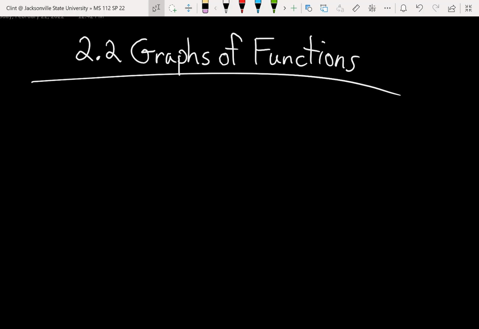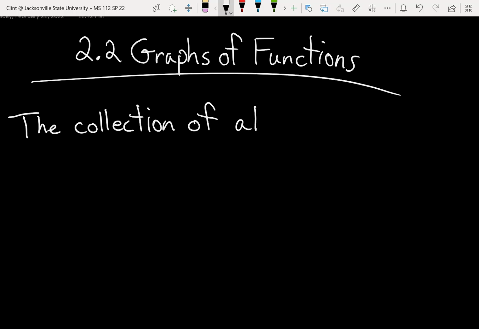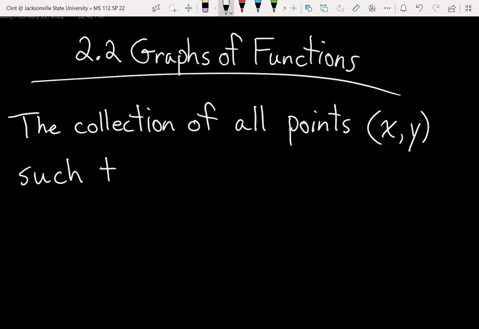So first of all, we'll have a little definition here. Here we're thinking about our function as a collection of points.